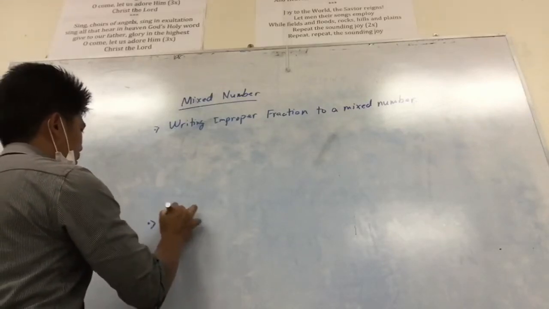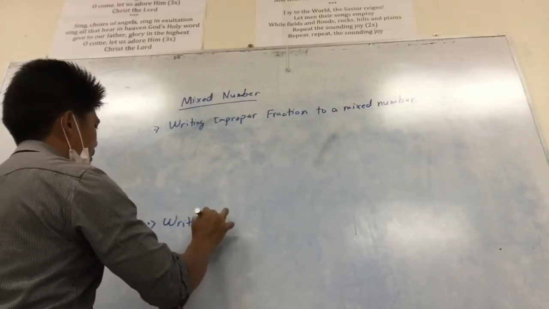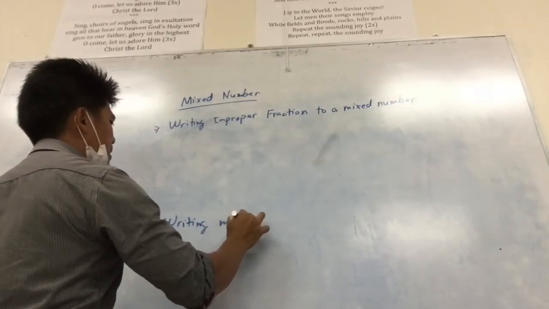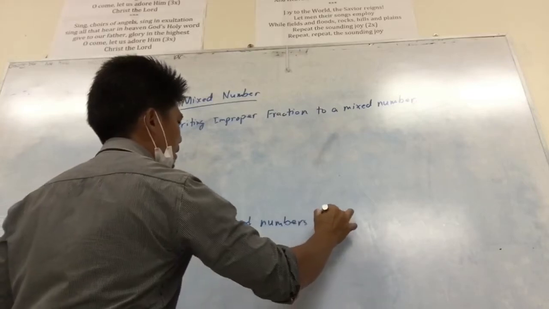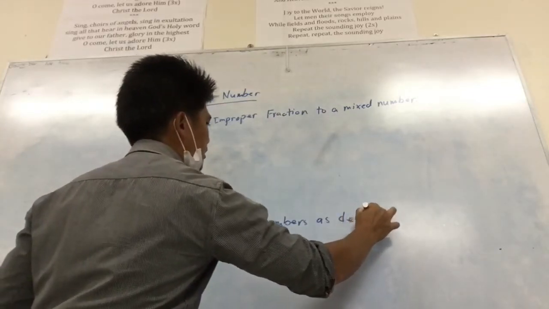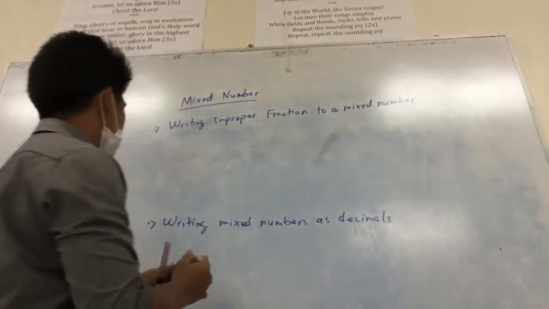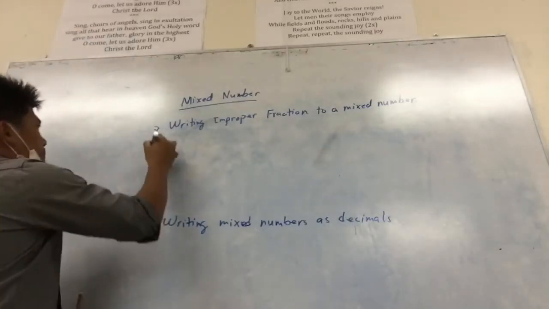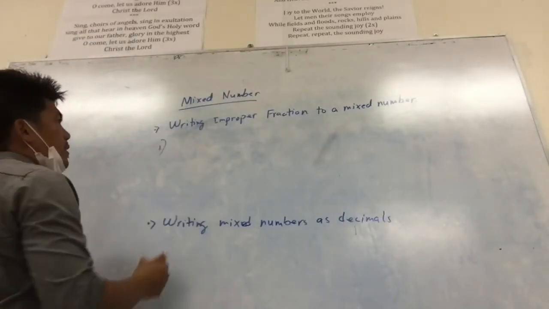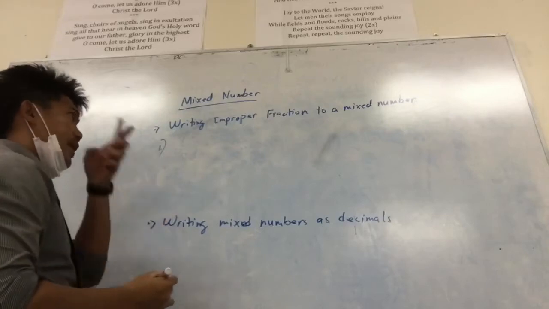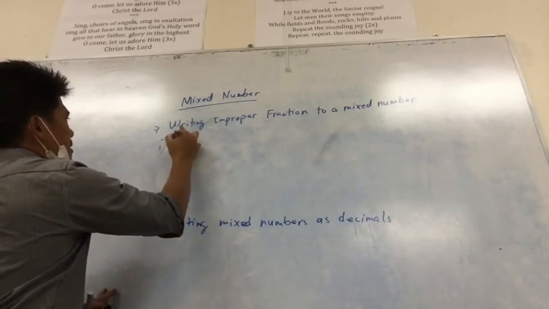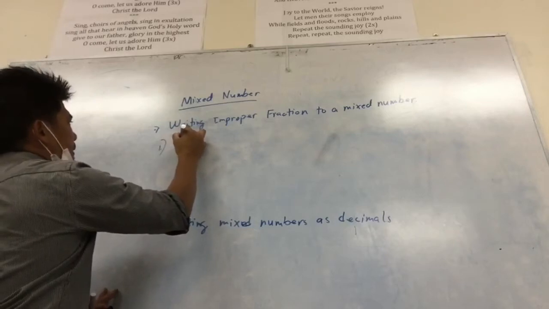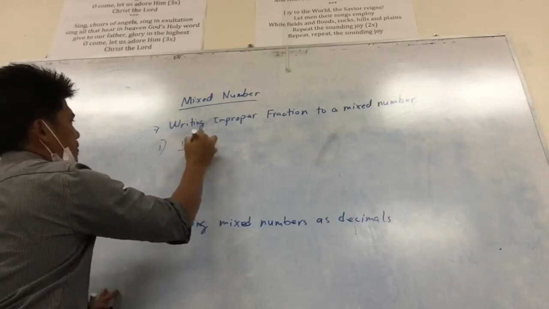To write an improper fraction as a mixed number, you just simply do this. For example, 12 over 5.